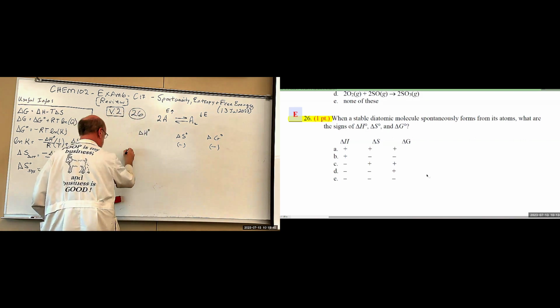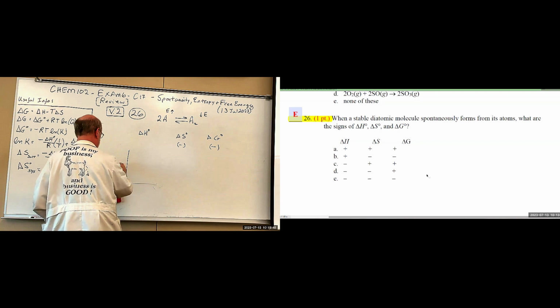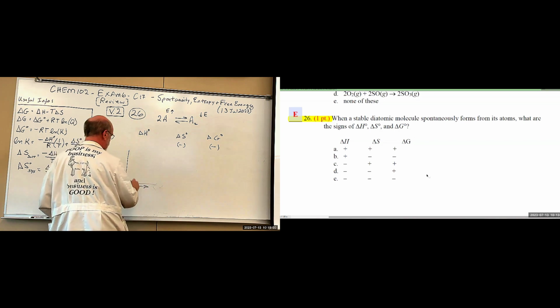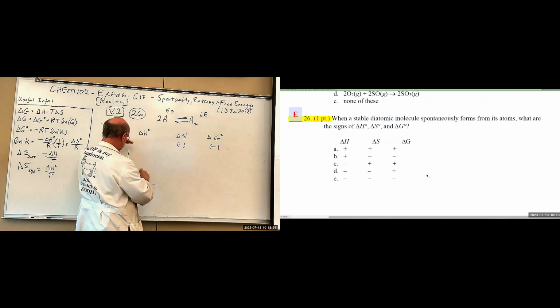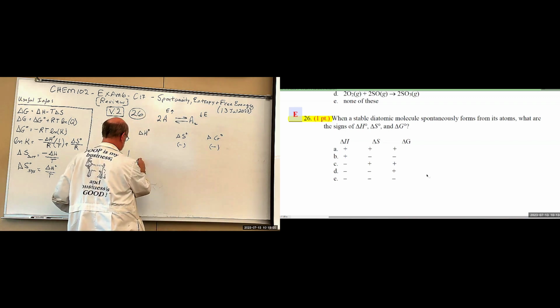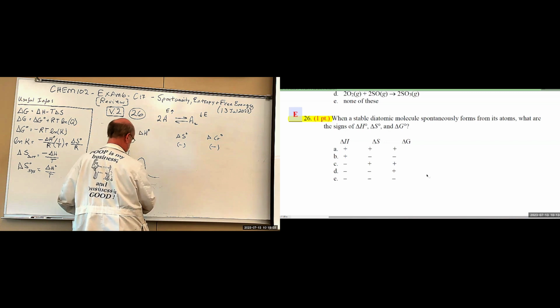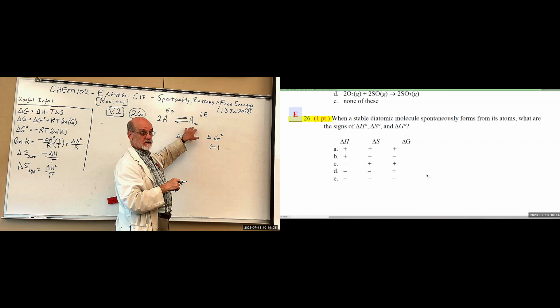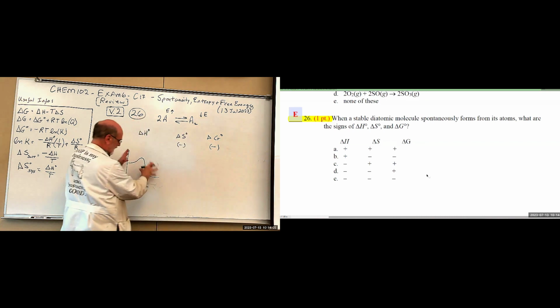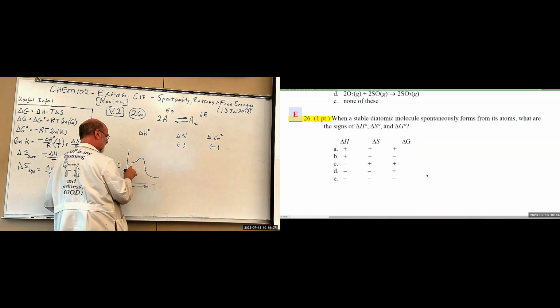So it might help to draw a picture and progress of the reaction. All right. If the reactants have higher energy and the products have lower energy because they're more stable, then our graph looks like this. So what does that mean?